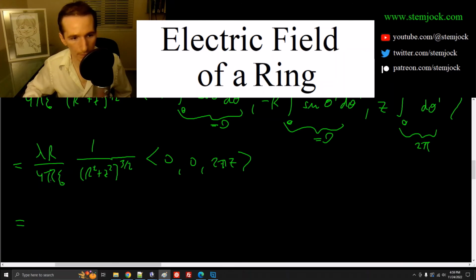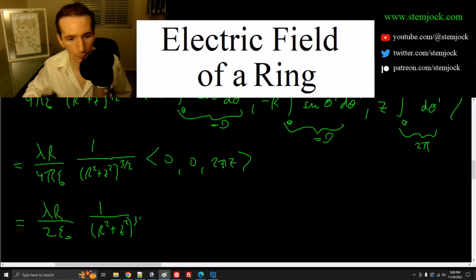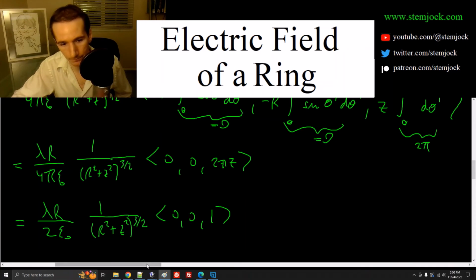The 2 pi will cancel with the 4 pi, so we'll just have lambda r over 2 epsilon 0 times 1 over r squared plus z squared to the 3/2, and 0, 0, 1. Now, this here is the unit vector in the vertical direction.